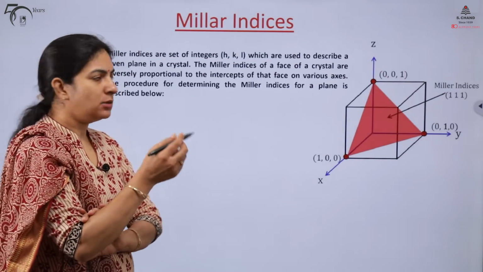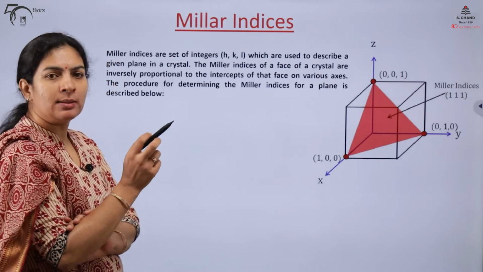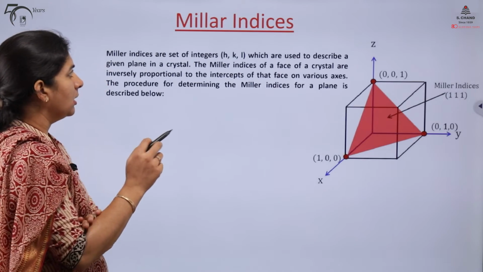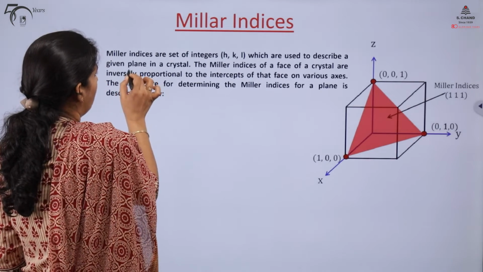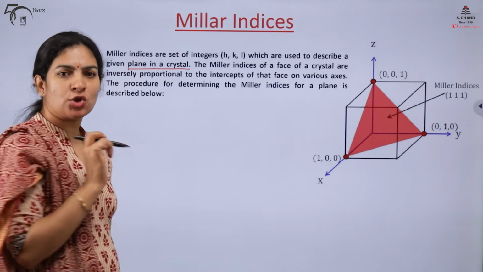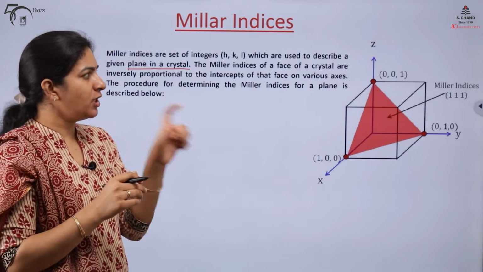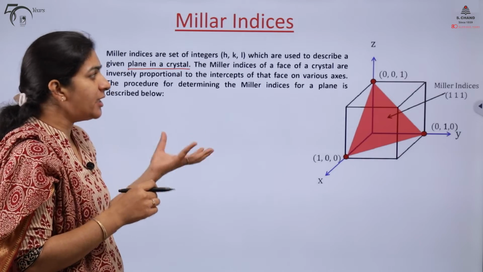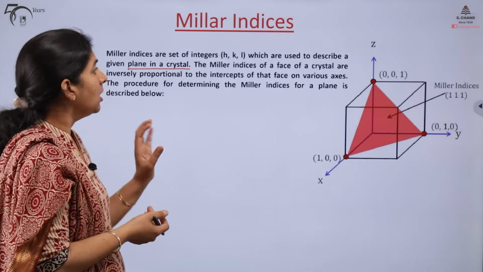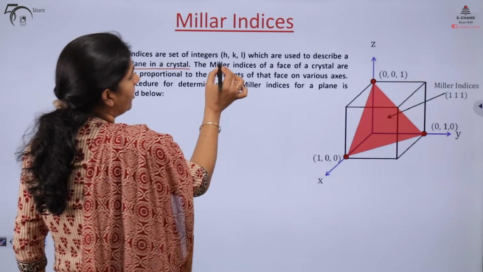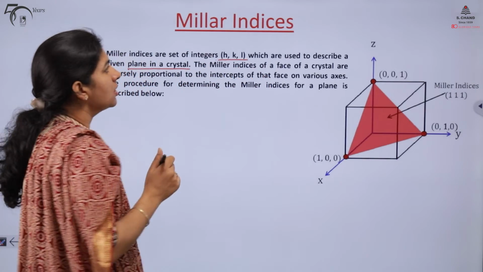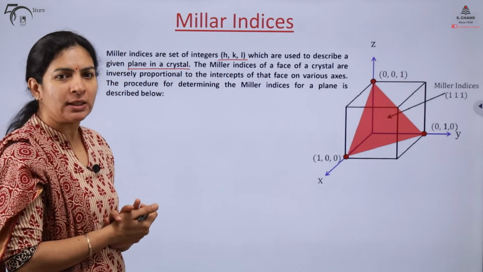So there is another very important concept which gives us the information about the crystallographic planes which are present in a crystal. To define a particular plane, the coordinates of a particular plane are described by these integers which are called Miller indices.